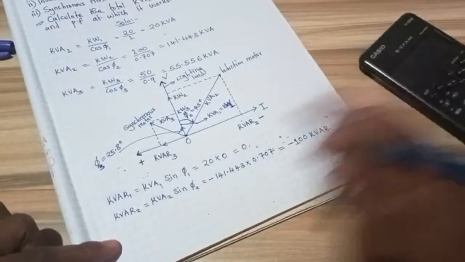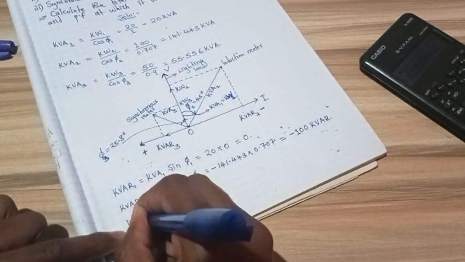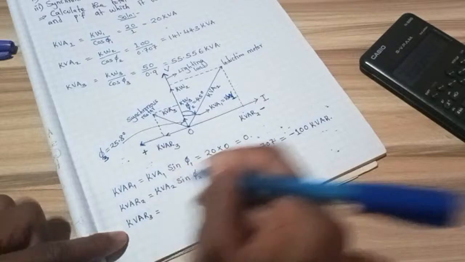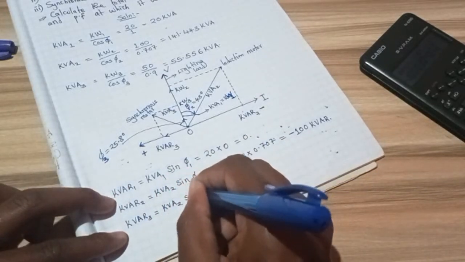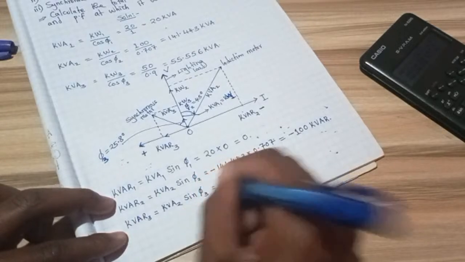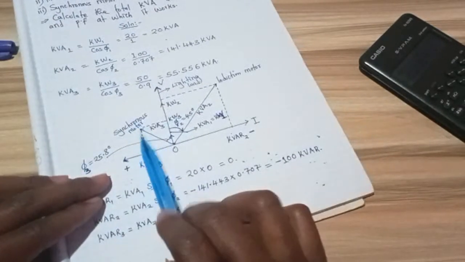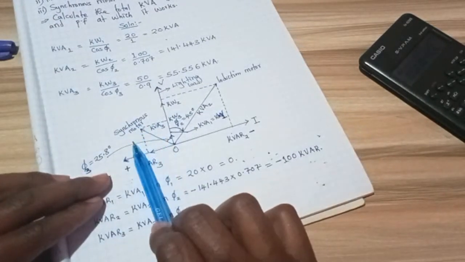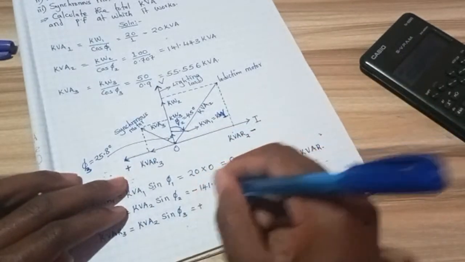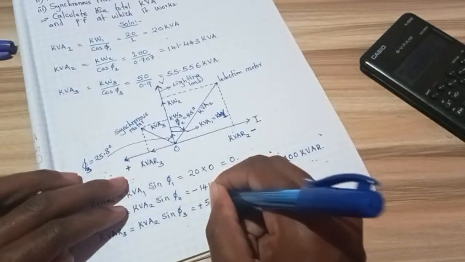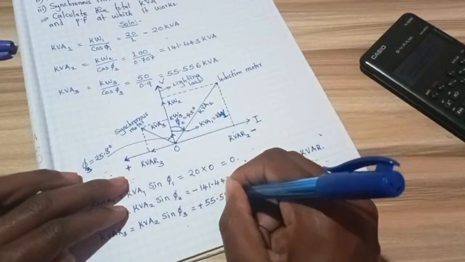Then we have our third reactive power, which is equal to kVA 3 sine phi 3, and again this is the reactive power on this side, and with the guidance of this sign, this now becomes plus 55.556.